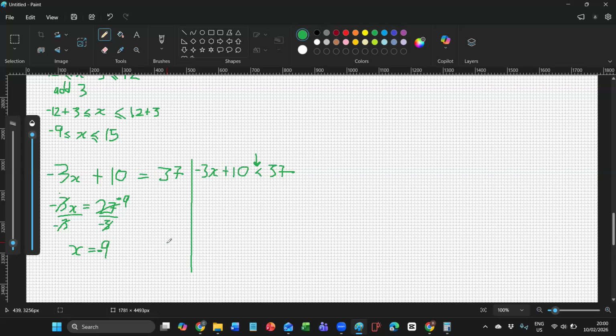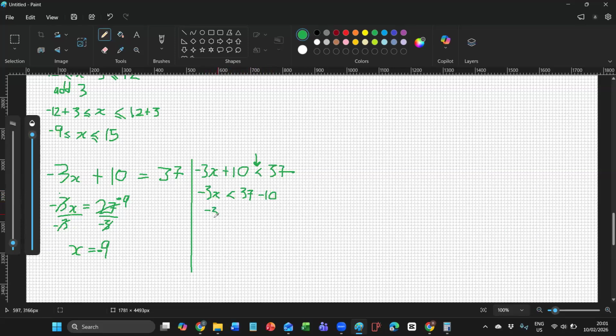Number two is what I'm about to show you now. Just watch what I'm going to do. We said, you take 10 to the other side and it will become minus 3x less than 37 minus 10, which is 27.